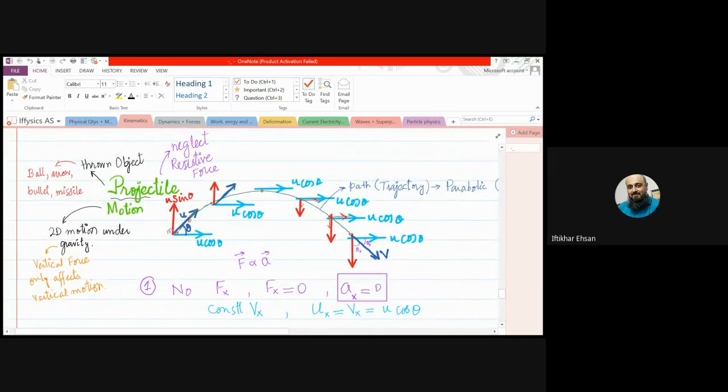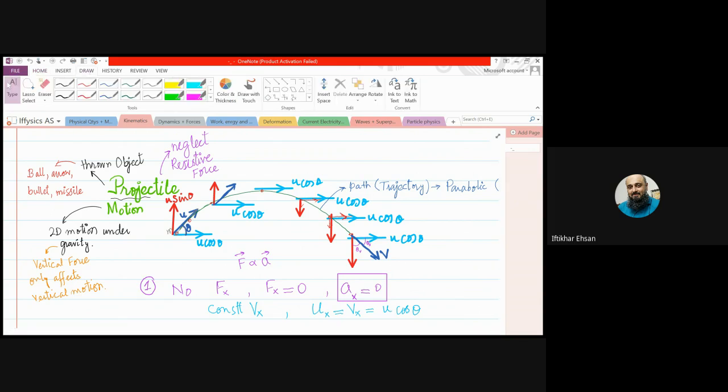Consider that we throw an object like that. Suppose we throw something, a stone, it goes like that. The bullet goes like that. So this is a projectile. What is happening when this projectile moves from this position to this position? If you observe, it has moved a bit towards the right.